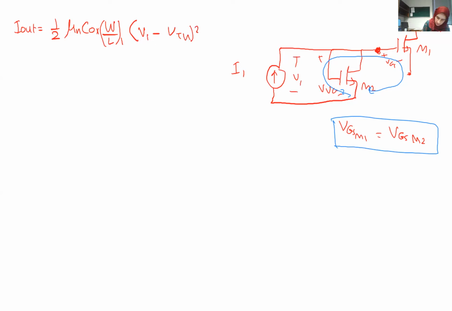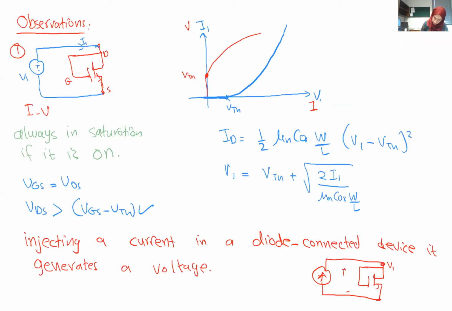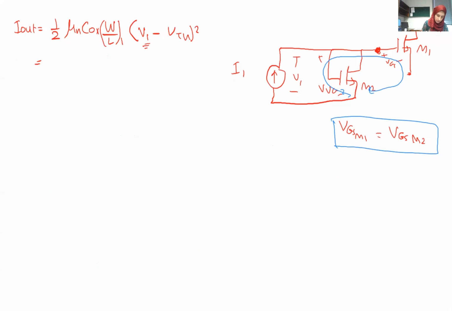Okay, now let's replace this V1 with this one here. So now we have half mu COX W over L of transistor 1.